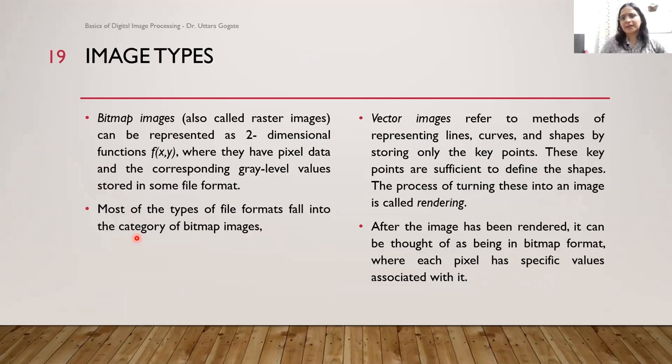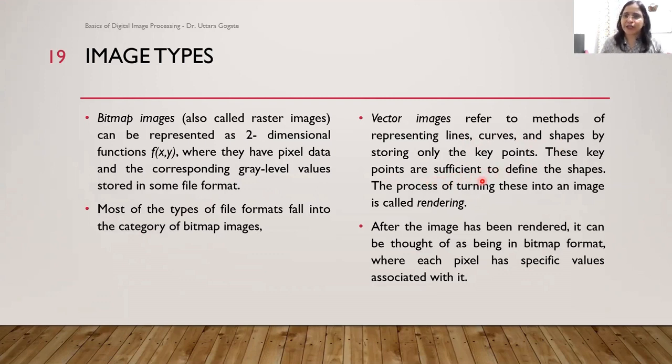But another type is there for complex processing of the data. They are called vector images, and they are methods of representing lines, curves, and shapes by storing only the key points. Instead of storing full data, that means all the pixels and all the gray levels, we only store some of the features in terms of lines, curves, and shapes.